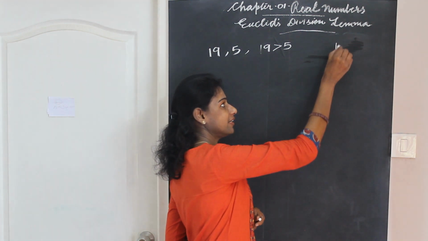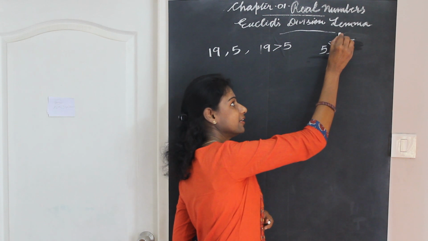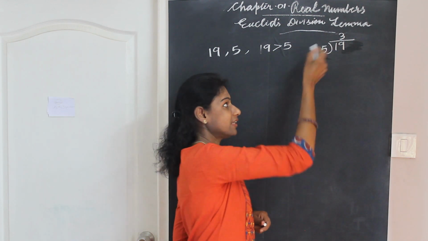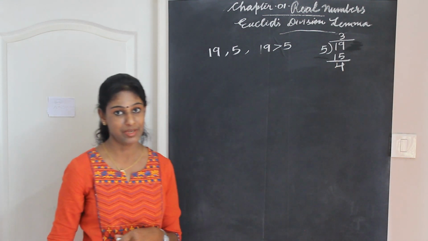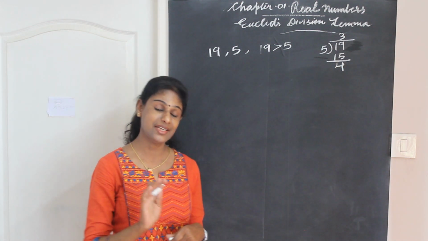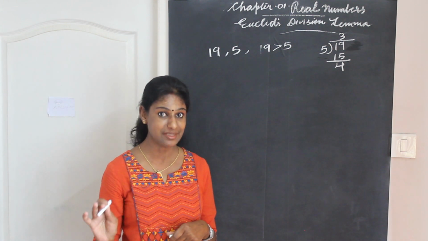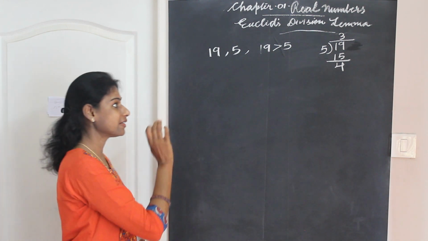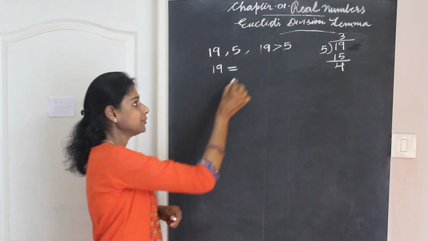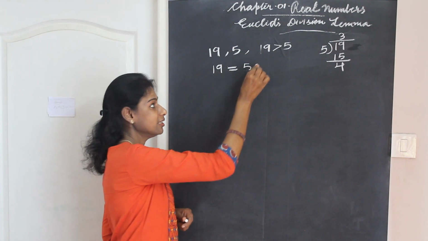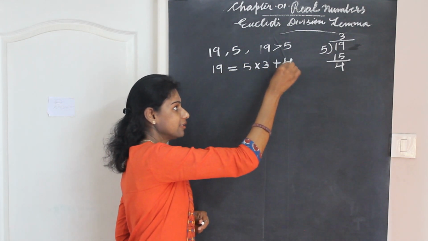So when we divide 19 by 5, we get 3 as the quotient, 3 5s are 15, and 4 as the remainder. And we know that dividend is equal to divisor multiplied by quotient plus remainder. So we can write it as 19 is equal to 5, the divisor, multiplied by the quotient 3, plus the remainder 4.